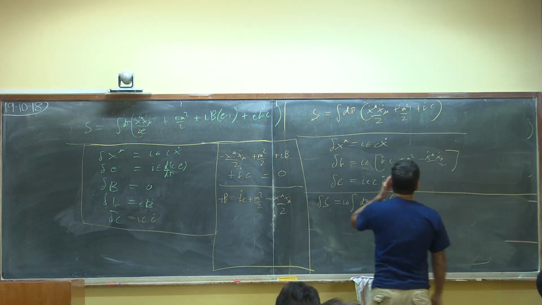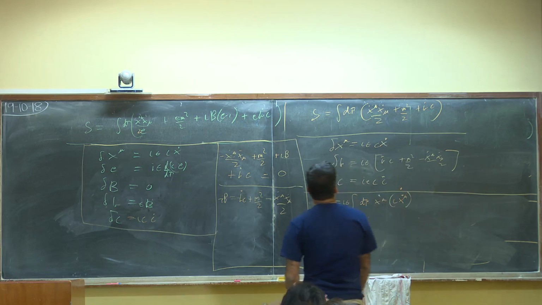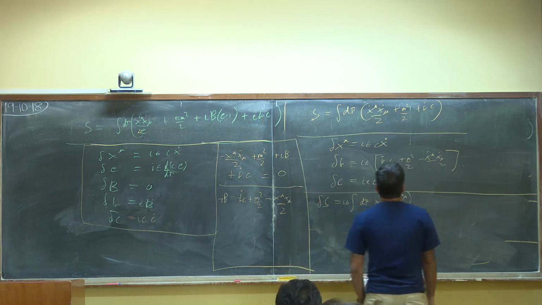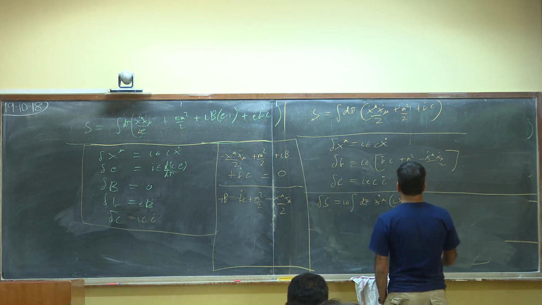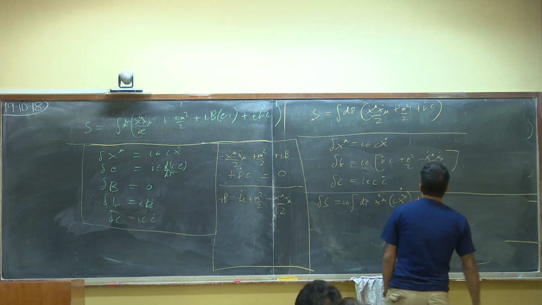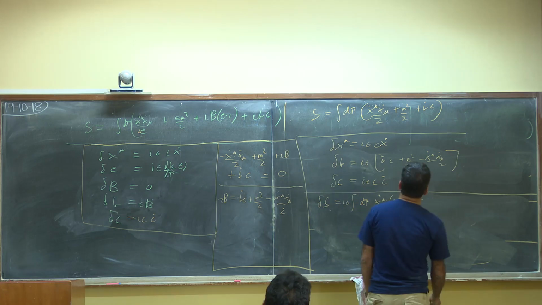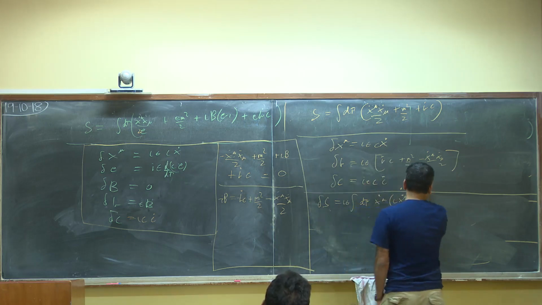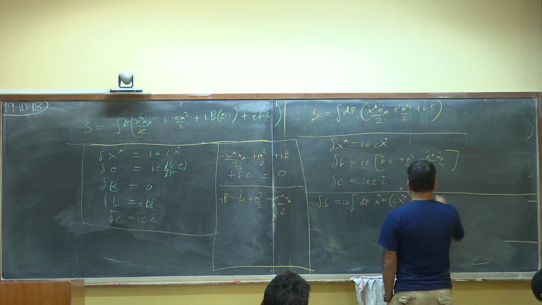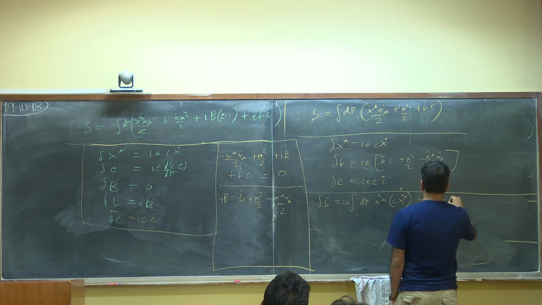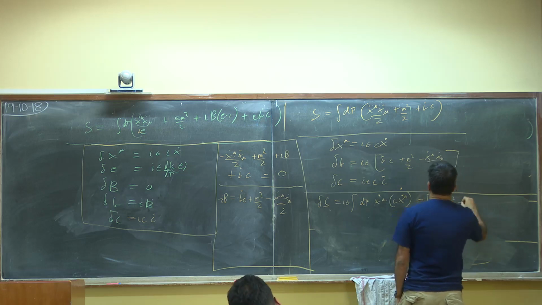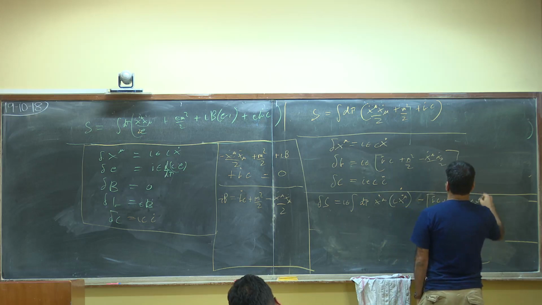Variation of the second term is of course 0, and variation of the third term is complicated. There's first the variation because of B. For the variation because of B, let's write it as B c dot. So minus B dot c plus m squared by 2 minus x mu dot squared by 2 c dot.